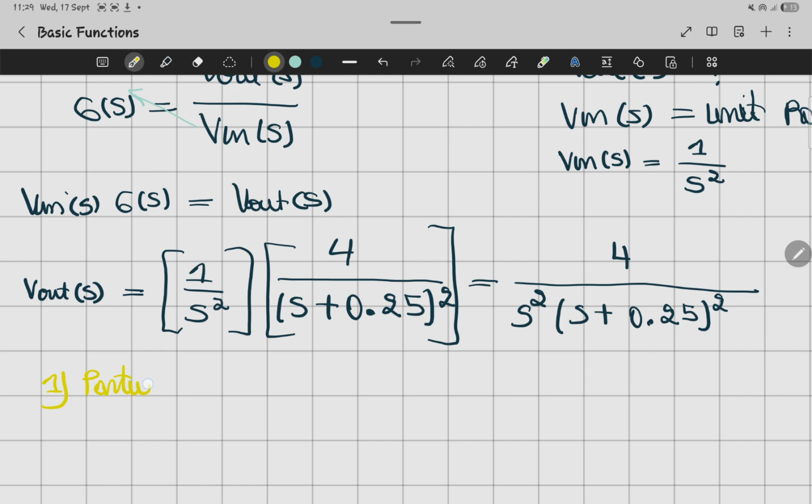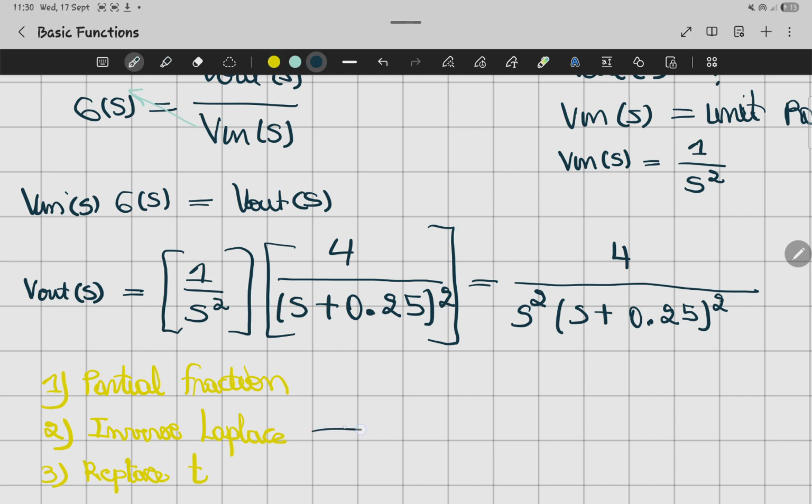After this section, you apply the partial fraction. After that you take the inverse Laplace, and then after that you replace t.